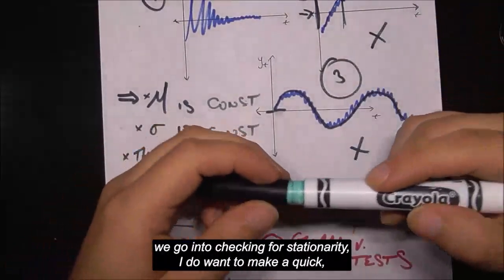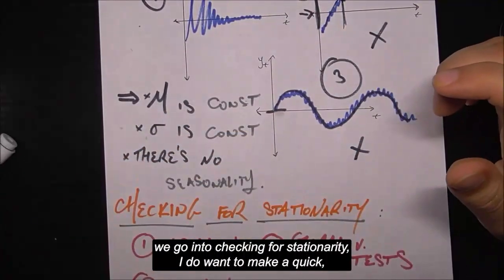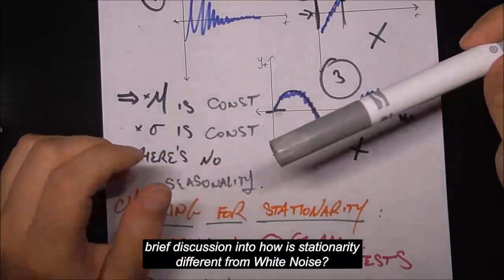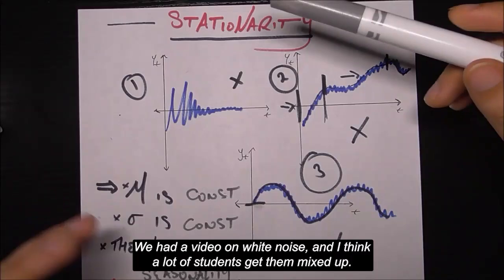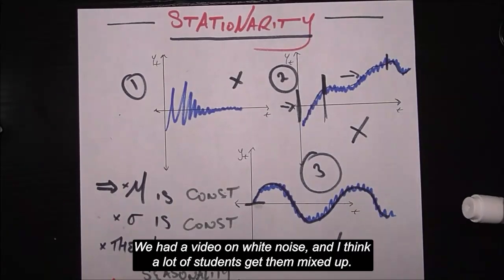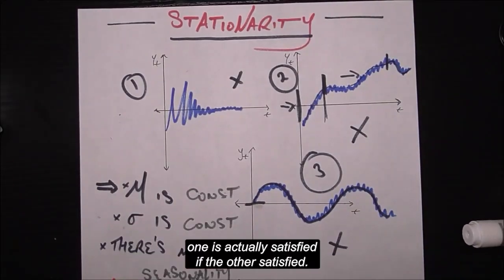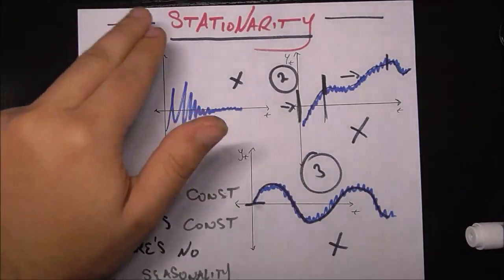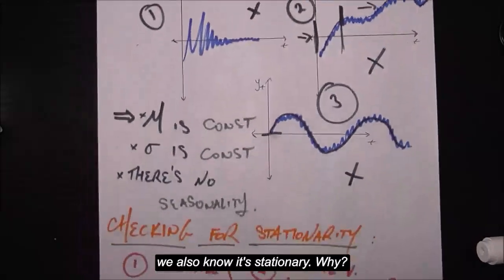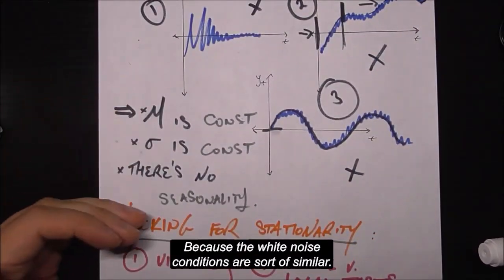Before we go into checking for stationarity, I do want to make a quick, brief discussion of how stationarity is different from white noise. We had a video on white noise, and I think a lot of students get them mixed up. One is actually satisfied if the other is satisfied. So if a time series is white noise, we also know it's stationary. Why? Because the white noise conditions are sort of similar.